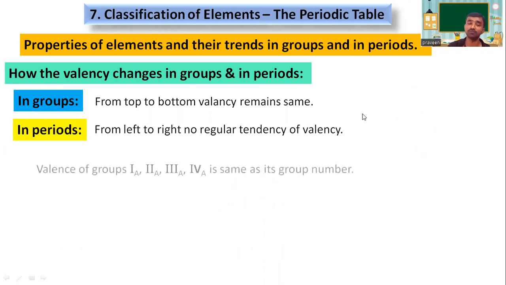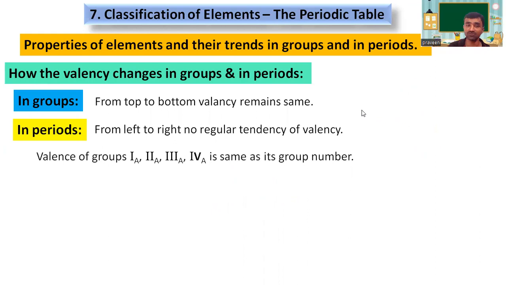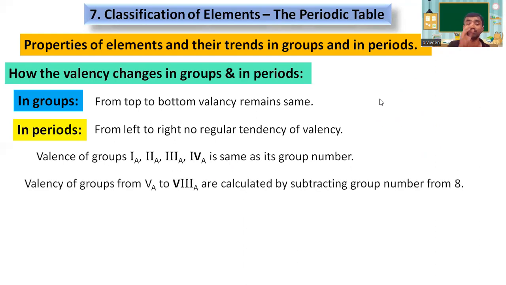Up to some group number it is increasing, that is 4th A. Then next, it decreases from 5th A to 8th A. The calculation of valency for 5th A to 8th A groups is based on a simple logical formula: subtract the group number from 8. Suppose you want to find the valency of the 5th A group. 8 minus 5 gives 3.